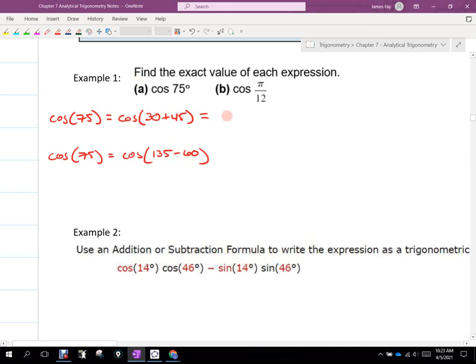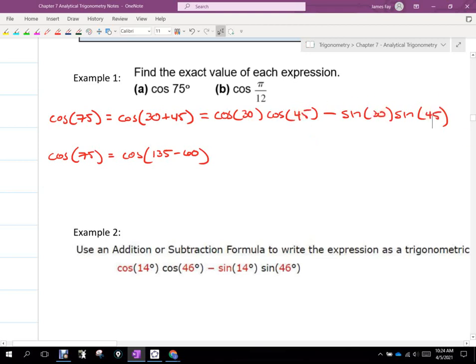So it goes cosine, cosine, cosine. So this is a plus, so this one's a minus. And then sine, sine. Then we're going to plug in my 30, my 45. 30, 45.